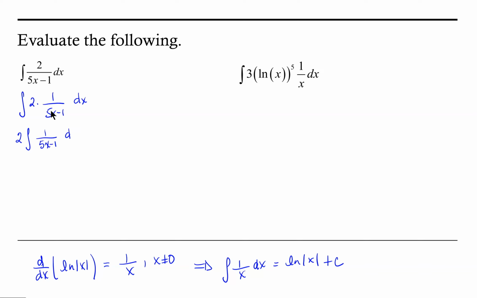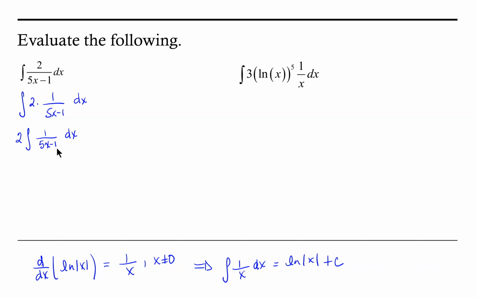Now we're focused on how to integrate 1 over 5x minus 1. I've got 1 over an expression involving a variable, and in the back of my mind, this is kind of like finding the antiderivative of 1 over x. So maybe I can take this whole denominator, 5x minus 1, and substitute that expression for u, to get something that is easily integrable.